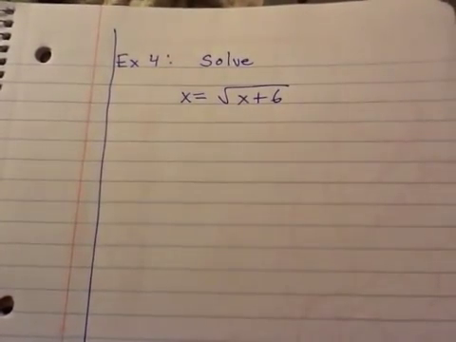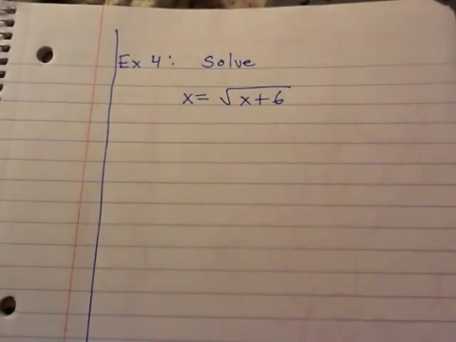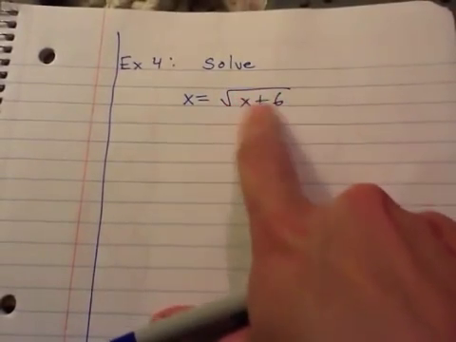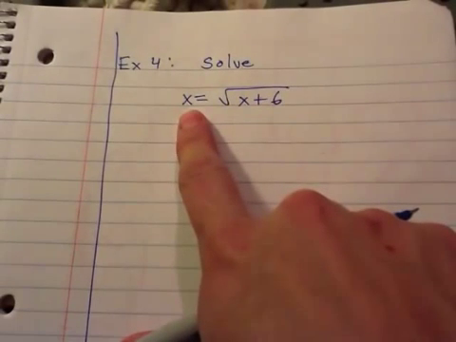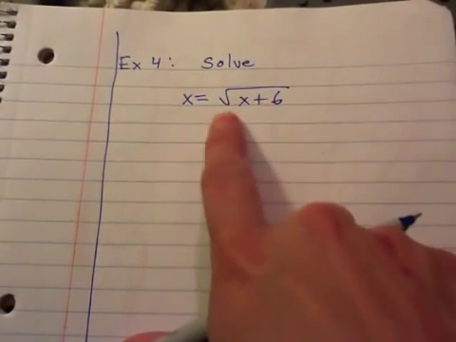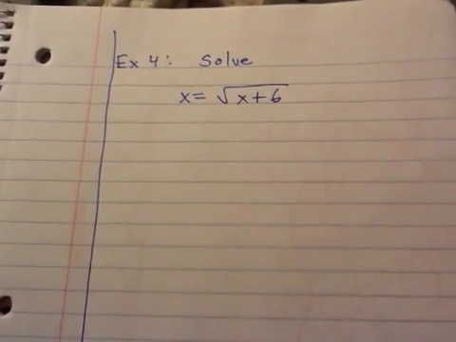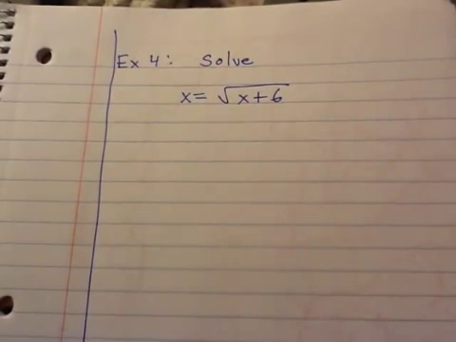So, does anyone notice what's different about this one? The radical was already isolated, but you have an x on the outside also. So that's okay, we can still solve these, but what you're about to see is something that you'll remember from a couple chapters ago and from last chapter.